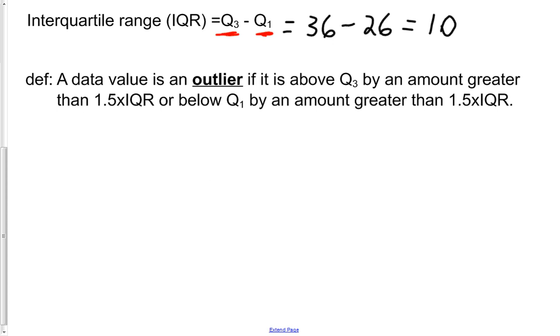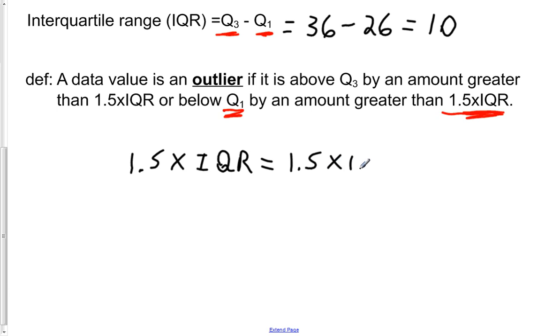What we need to do is calculate these numbers. So let's see the lower end. It says that if a number is below the first quartile by an amount greater than this much, then we have to call that value an outlier. So let's calculate 1.5 times the interquartile range. That is 1.5 times 10, which is 15.